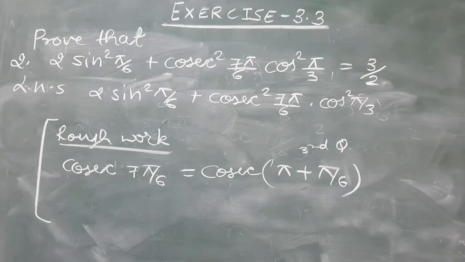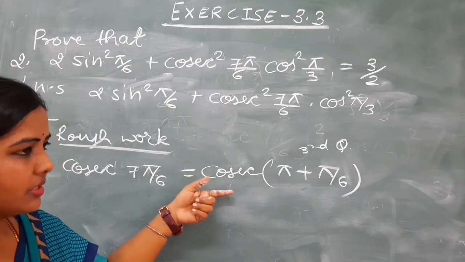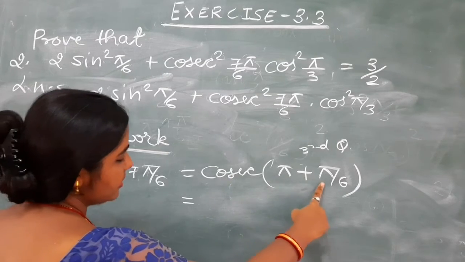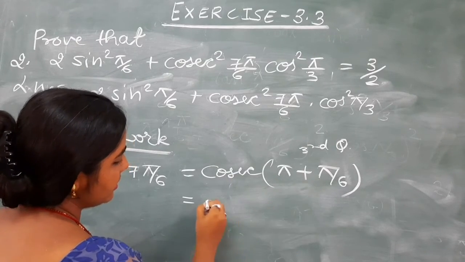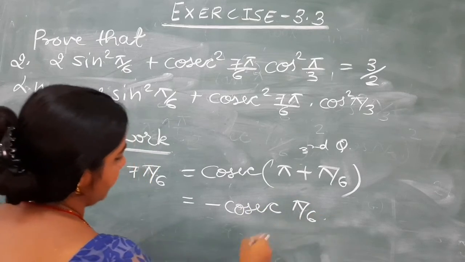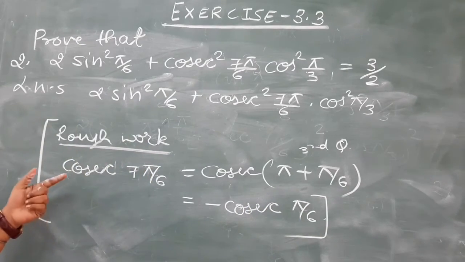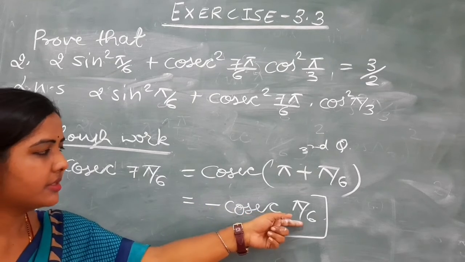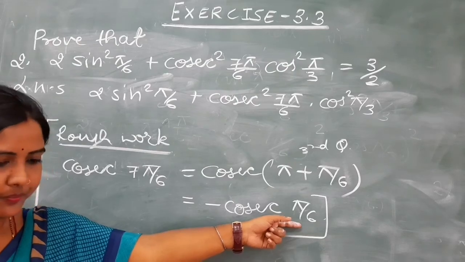And we know that in third quadrant cosec is negative. So we can write it as cosec of pi plus theta, and cosec of pi plus theta is minus cosec theta. So in place of cosec 7 pi by 6 I can write minus cosec pi by 6 and then I can solve it.